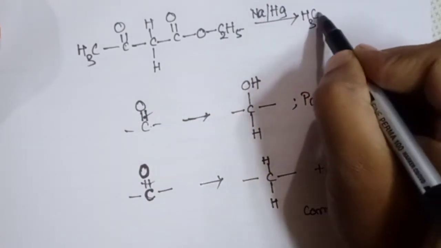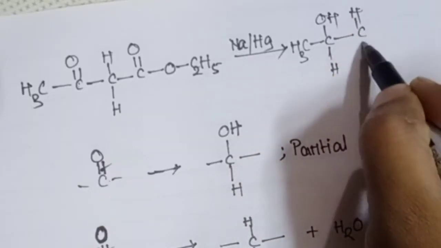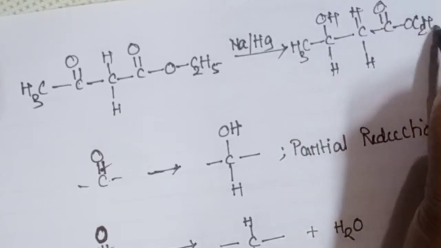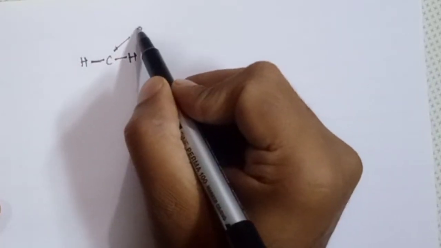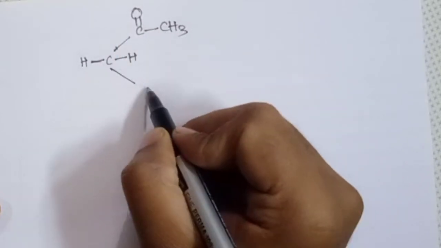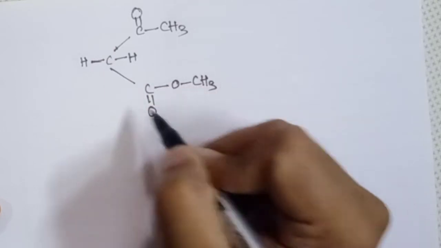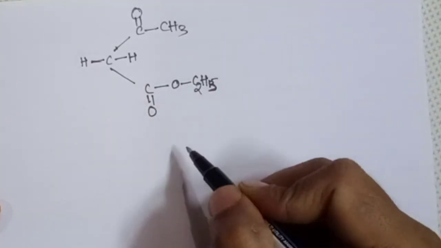So the product will be CH3, CHOH, CH2, C double bonded O, O, C2H5. As an active methylene group, this can be written that way, which is ethyl acetoacetate, C2H5.